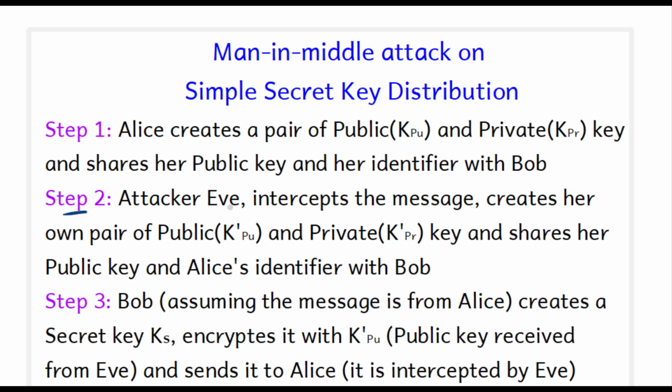Eve blocks the communication between Alice and Bob. She intercepts the message and creates her own pair of public and private keys, K-PU and K-PR, and shares this public key with Bob, as well as Alice's identifier. So Bob thinks that this K-PU was sent by Alice.